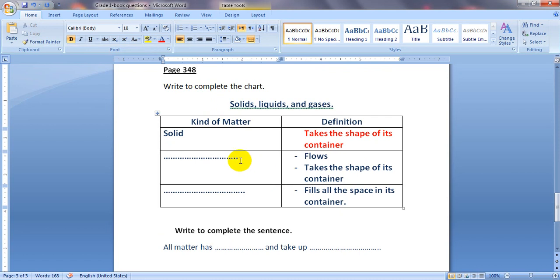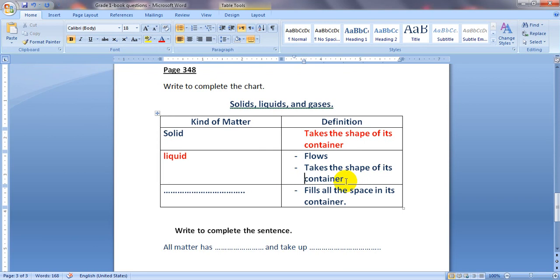Here we don't know the kind of matter, it's missing. But we know the definition. It flows and takes the shape of its container. Which kind of matter is it? Of course it is a liquid. So, a liquid flows and takes the shape of its container.